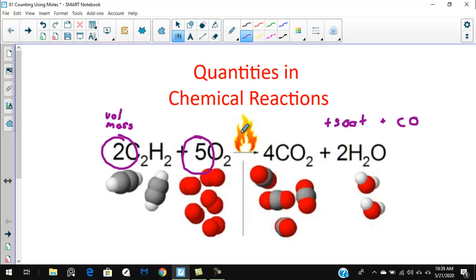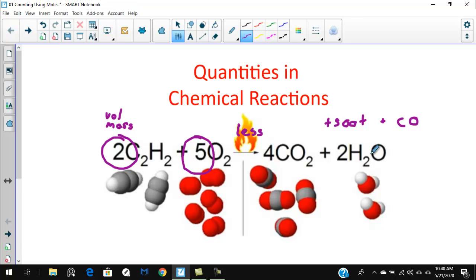I make a lot less energy. So a lot less energy gets made if I don't burn things completely. So in a reaction, I can use this balanced chemical equation to decide how much gas versus oxygen I need to mix, so that I make sure the mix is proper and gives me the best combustion possible with the least amount of harmful waste products being made.